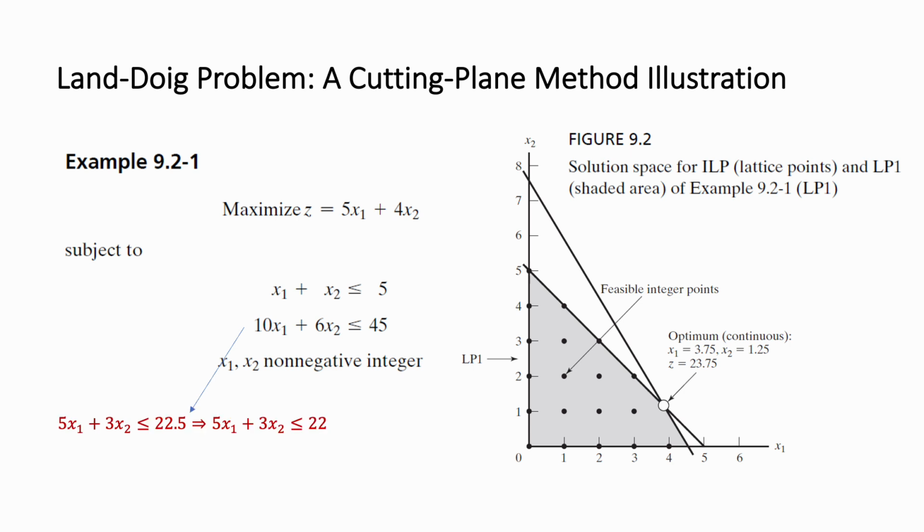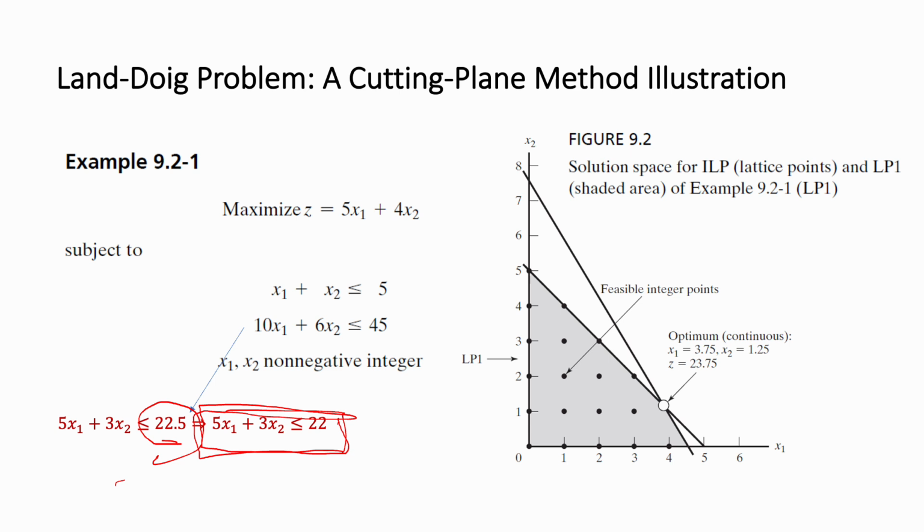So what can we do from there? It tells us that we can safely tighten this inequality. Remember, it was 22.5, so we can tighten it to the nearest integer and say that now our new constraint is 5x sub 1 plus 3x sub 2 is less than or equal to 22.